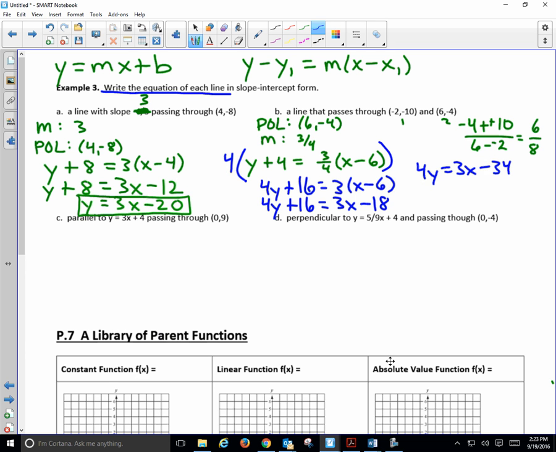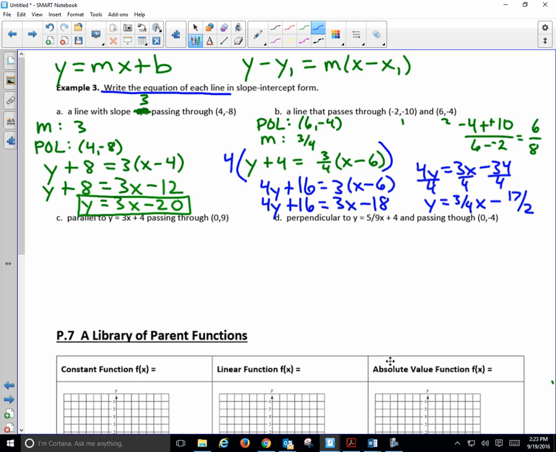Divide by 4. Y equals 3 over 4x. Are 34 and 4 both divisible by the same number? Both divisible by 2. So I'll go minus 17 over 2. There's my equation. So that's a nice way to work around your fractions, okay?